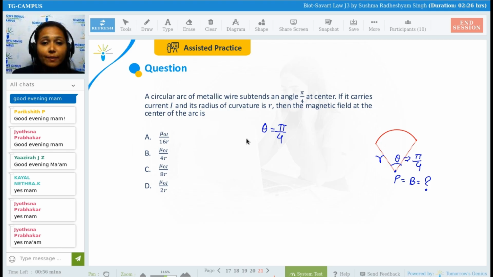It is given a metallic circular arc. That means we have two formulas, one for a straight conductor and the second one for an arc. So which formula do we apply here? Parikshit, can you tell me which formula we apply here?